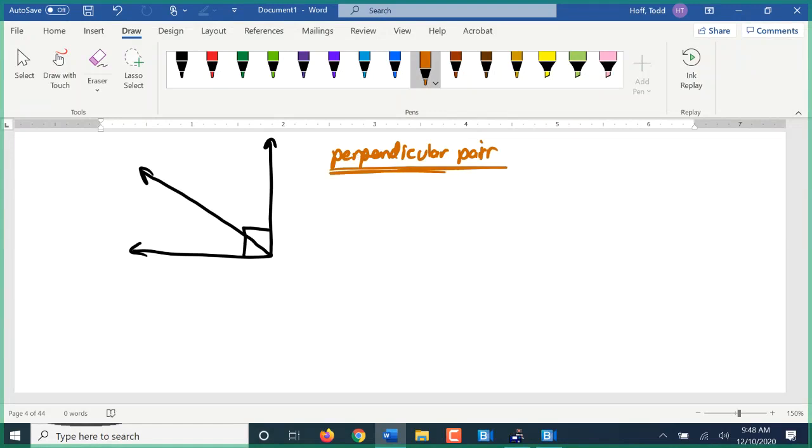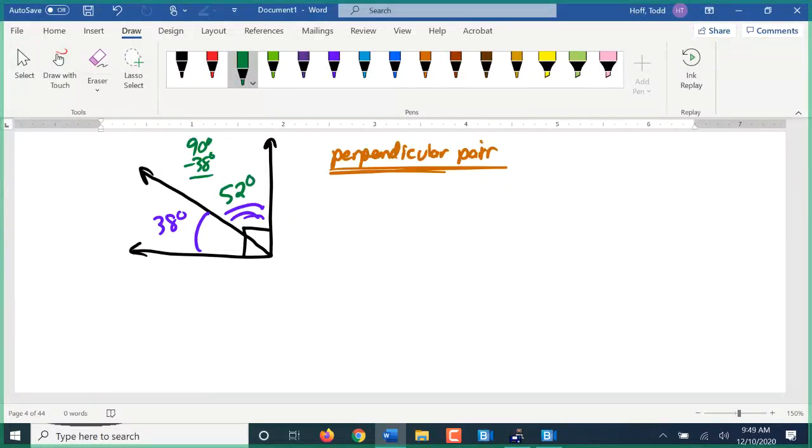They add up to 90 degrees, or they make a perpendicular. So if I knew that this angle here was 38 degrees, this angle here would have to be 90 minus 38, or 52 degrees.